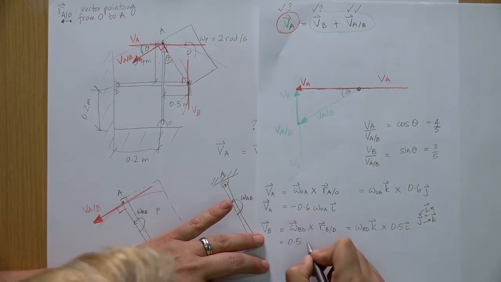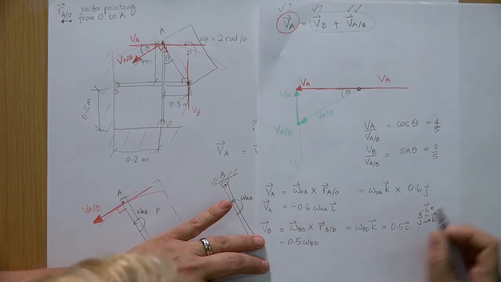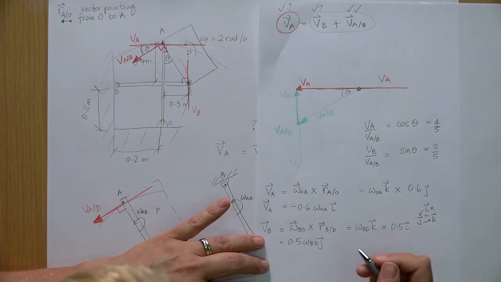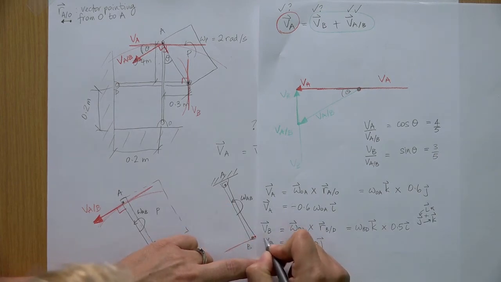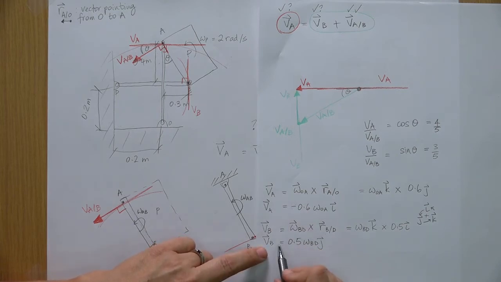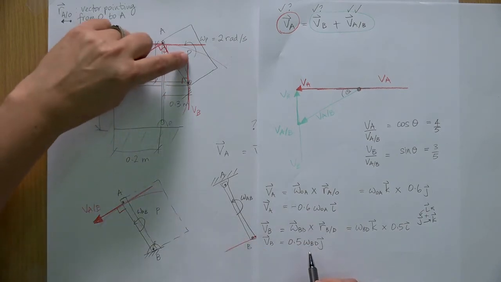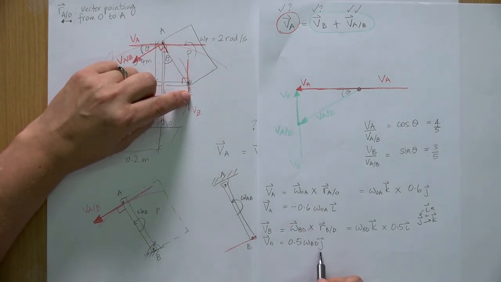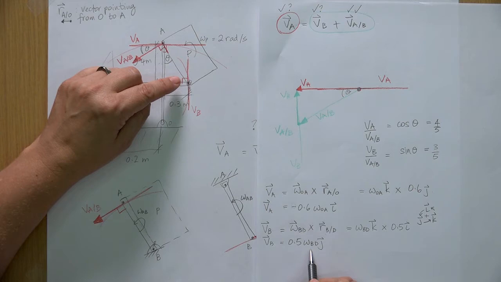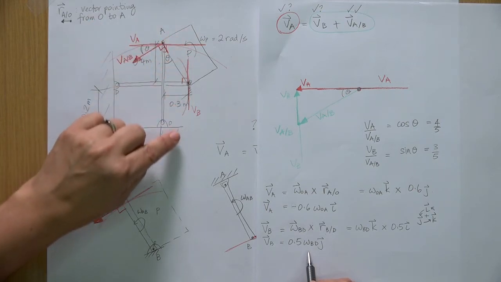So that gives us 0.5 omega BD. K crossed with I is positive J. Finally, and this is exactly what we've drawn on this picture, we've said VB is in the J direction. We don't know until we know the sign of omega BD whether it's in the positive or the negative J direction.